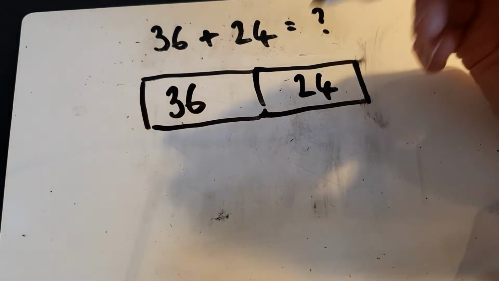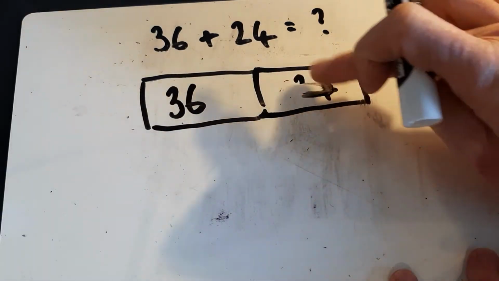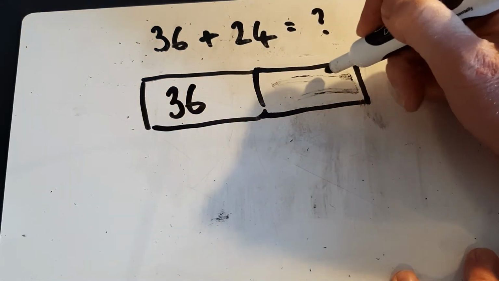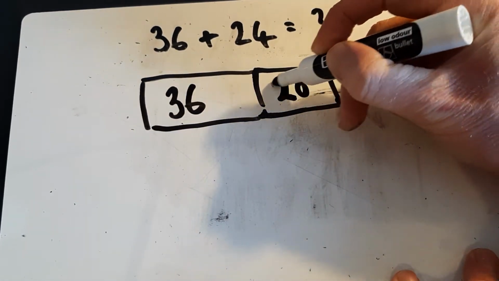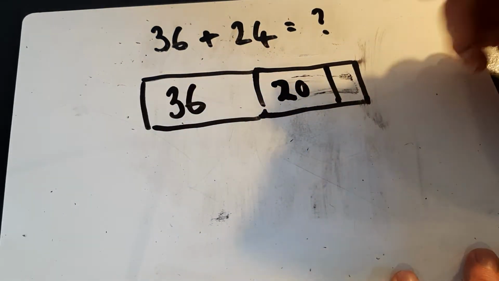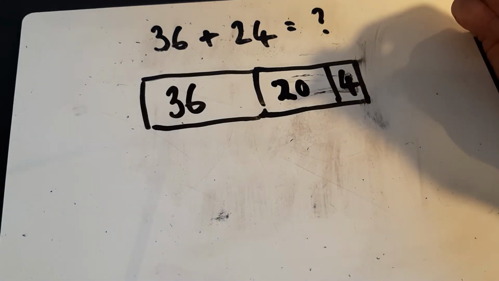Some people might want to go straight into adding on the tens. So in this case, that would be 36. If you're confident with your tens, you could add on the 20 first, because some children might already know the pattern. 36 add 20 is 56, and then add on the 4 at the very end.